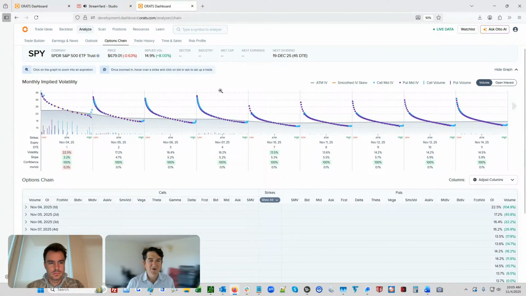But so those are the two types of skews. So I just want to make that clear, there are the two types that we generally look at. Right.